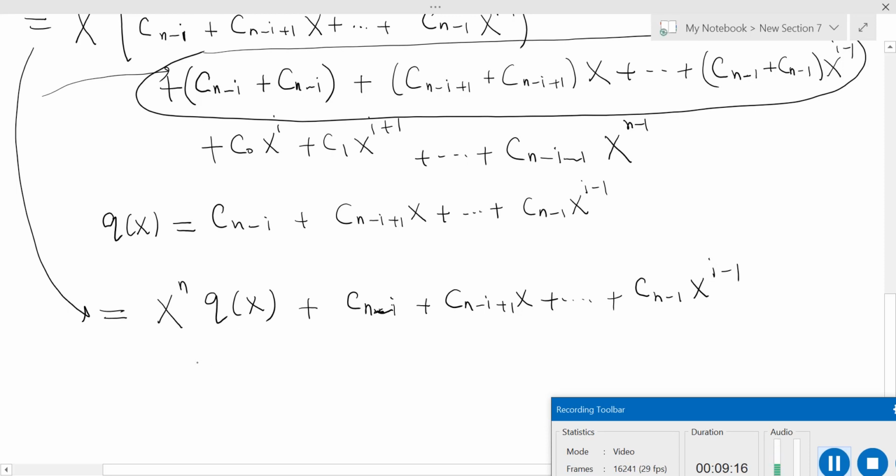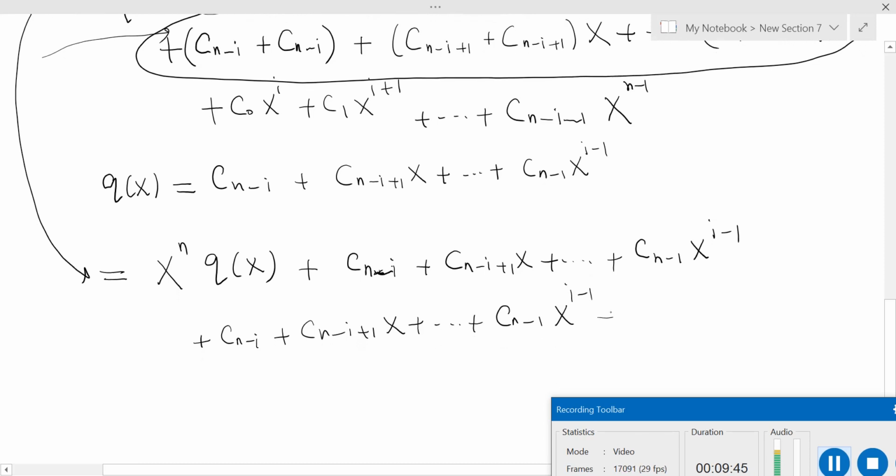Then I will write it again, C of n minus I plus 1 x plus, first I will write C of n minus I plus C of n minus I plus 1 x, C of n minus 1 x to the power I minus 1, and then the other terms plus C0 x to the power I plus C1 x to the power I plus 1 plus Cn minus I minus 1 x to the power n minus 1.